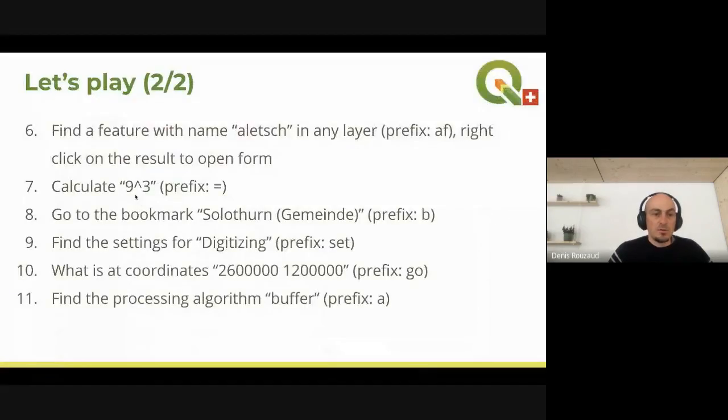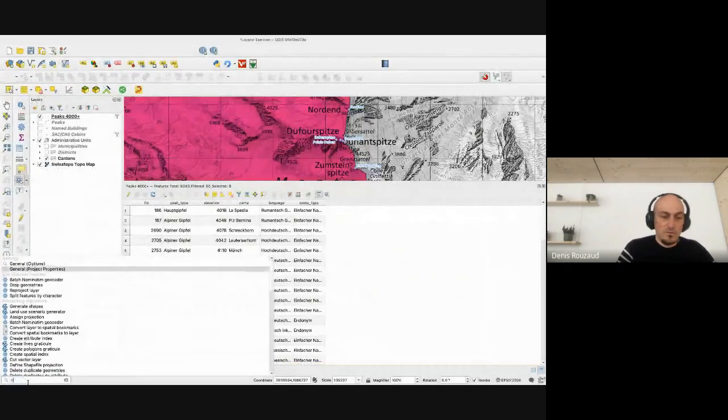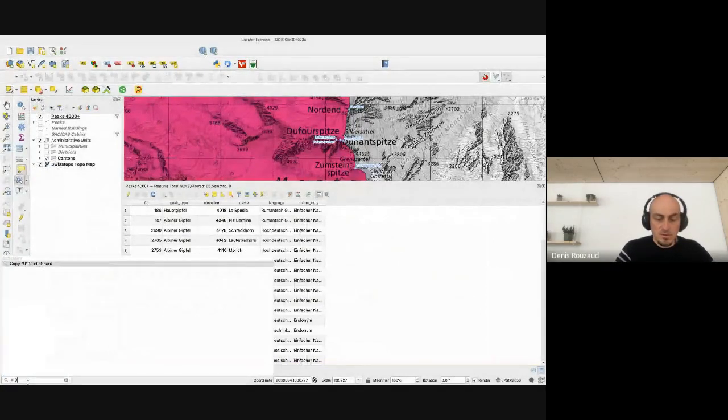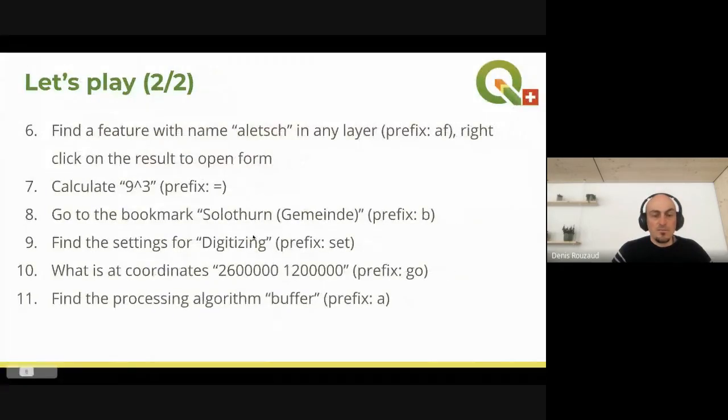Next one is calculation. Using the equal sign, you can make any calculation, and that's going to be copied to the clipboard if you press enter. You can also go to bookmarks.